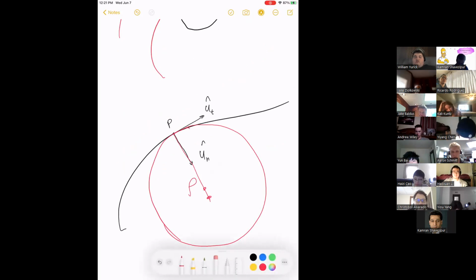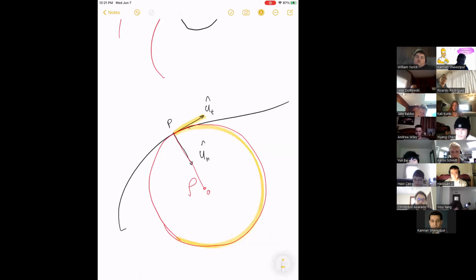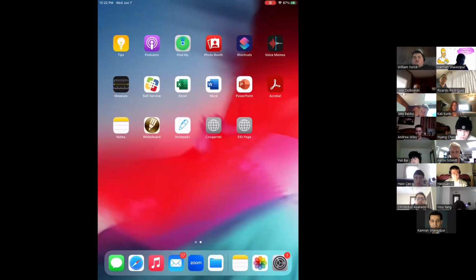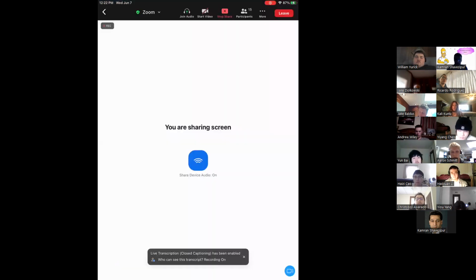This is a little ugly, but okay. So UT is technically tangent to this circle, and UN is perpendicular to the path and goes through the center of the circle. Do you remember something? Okay. Now with this kind of reminder, let's go back to the slides.